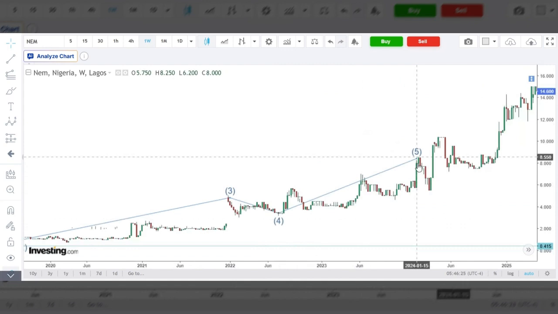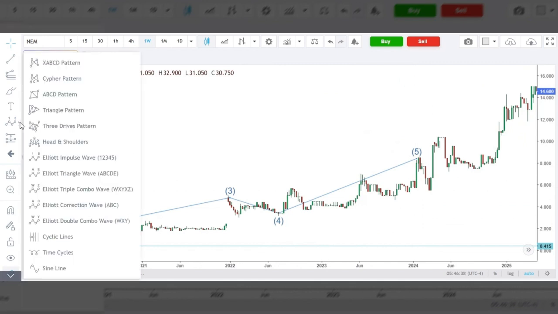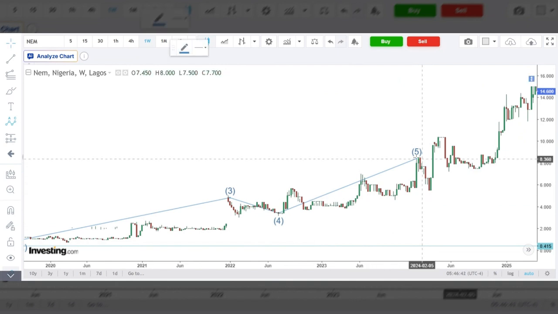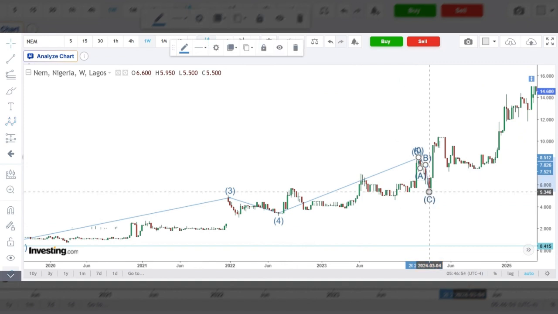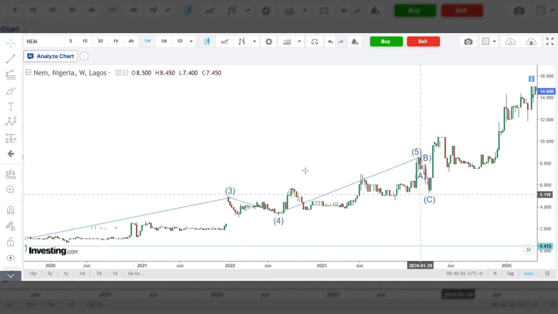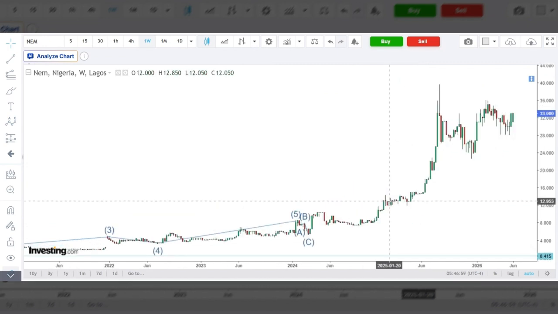This is going to be ABC because it's not a deep correction. So this is A, B, and C. Okay, ABC.